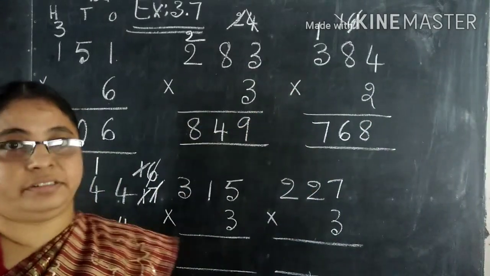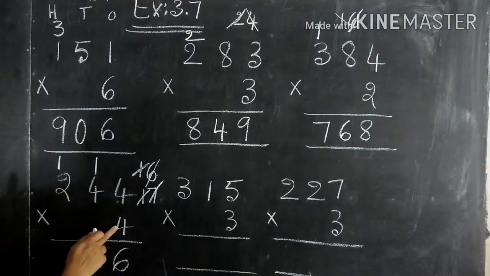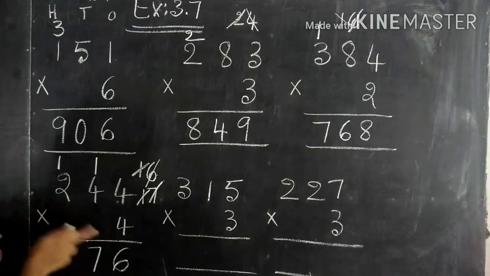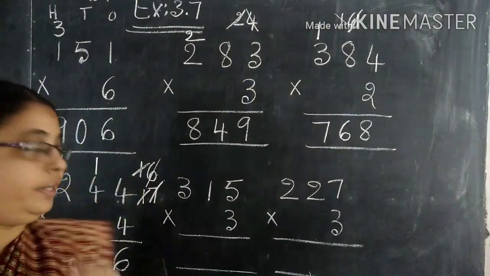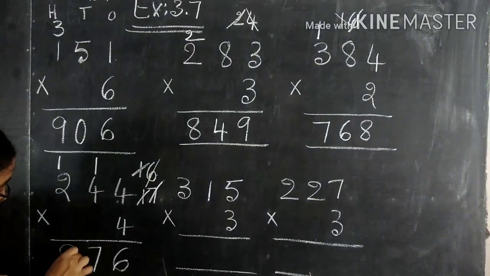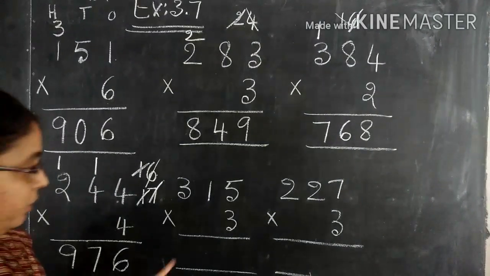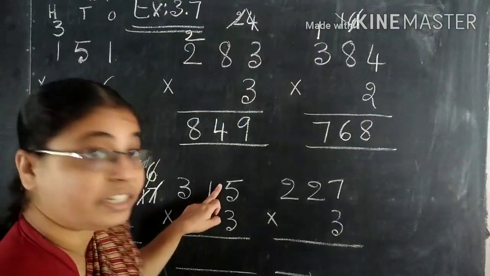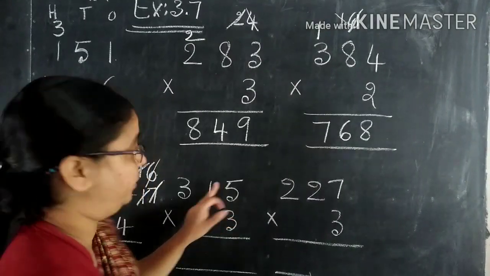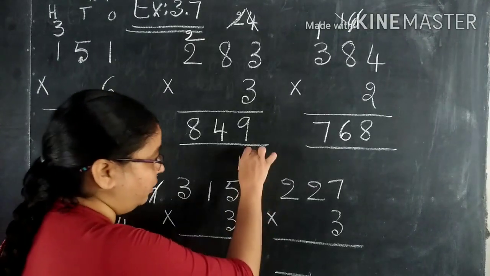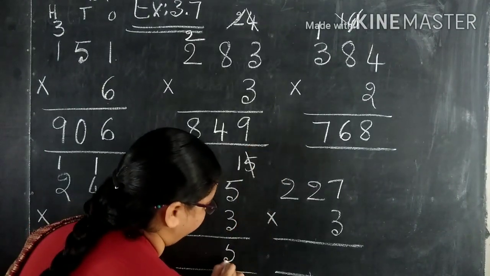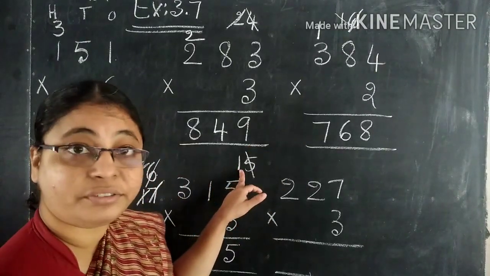Do you understand? If double digit is there, one's place number write it down, and the other number carry it to the next place. Now 4 2s are 8. 8 plus 1, 9. Once again, look here. 3 5s are 15. Okay, 15. Right? Now, this 5 will write here, and what will do to this one?